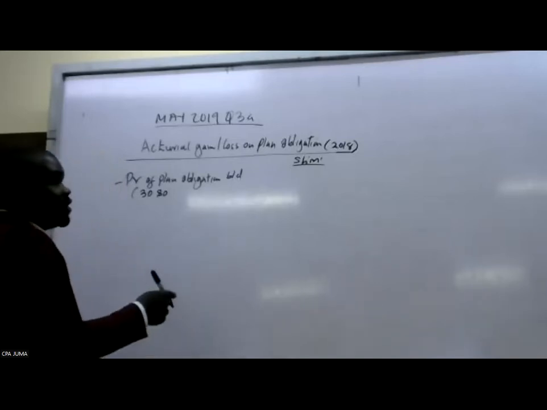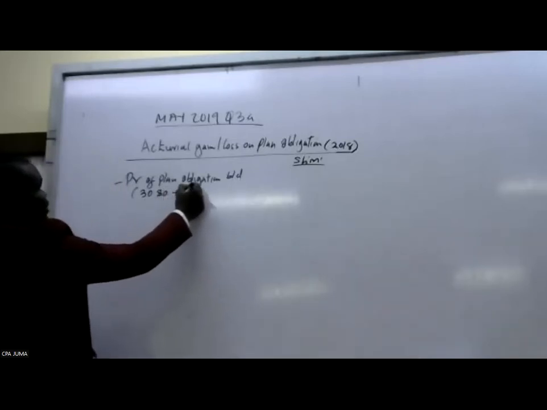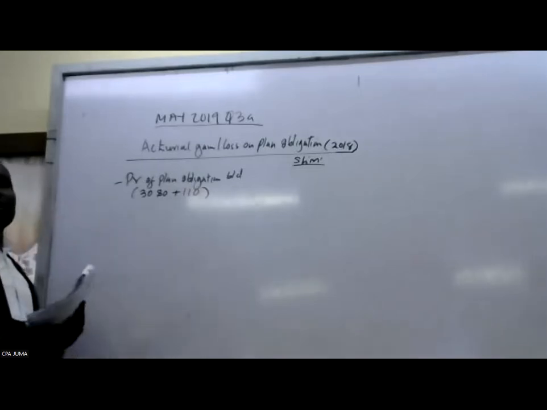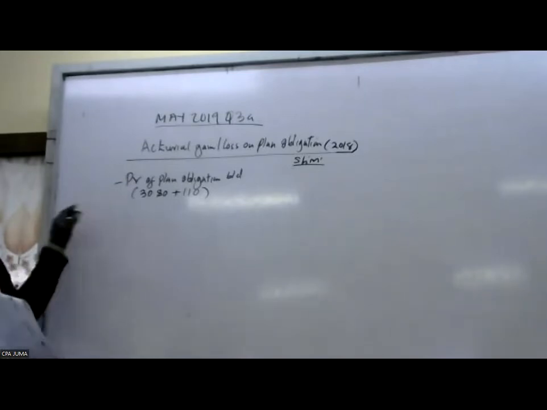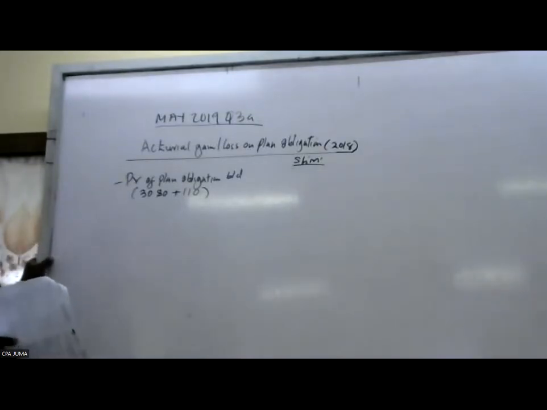I want to add that enhancement. Enhancement of how much? 110. So the question is, why am I adding it to obligations and not to the assets? What is making me to adjust it to the liabilities? The present value. If they could have said fair value, you adjust it to the assets.